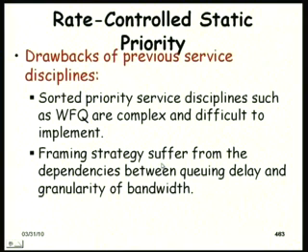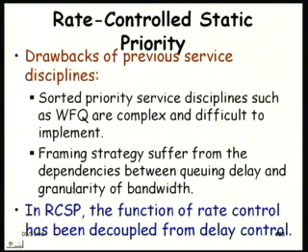This framing strategy has the problem that there is a compromise between the queuing delay and the granularity of bandwidth which can be allotted to a connection, because it has its origin in fluid flow, where you can even have a small granularity flow, but here a packet can be 1 kilobyte or several kilobytes of data that need to be transmitted.